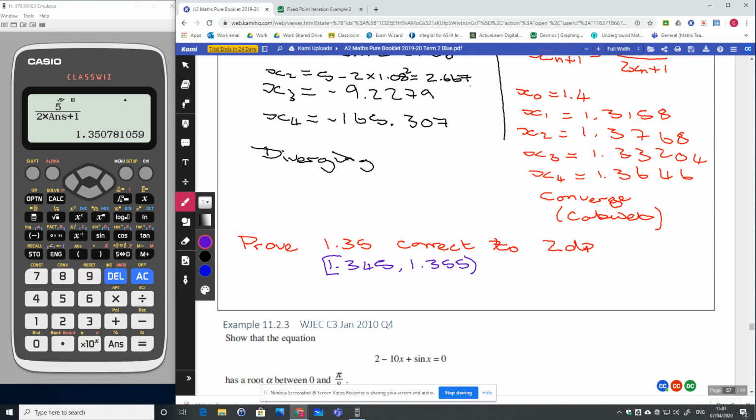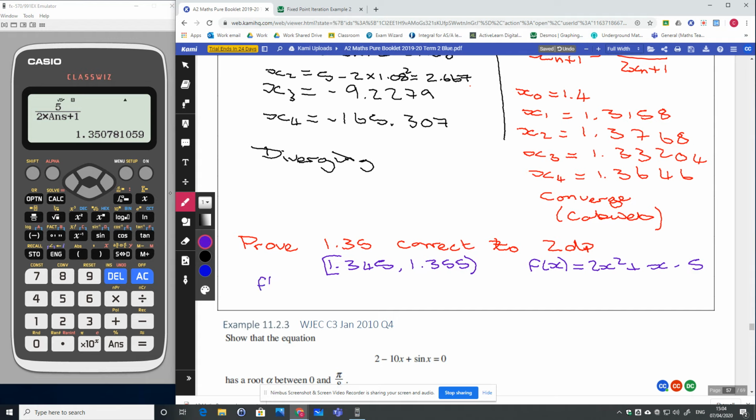Okay. When you do this, you need to go back to f of x. So f of x in this case is 2x squared plus x minus 5.